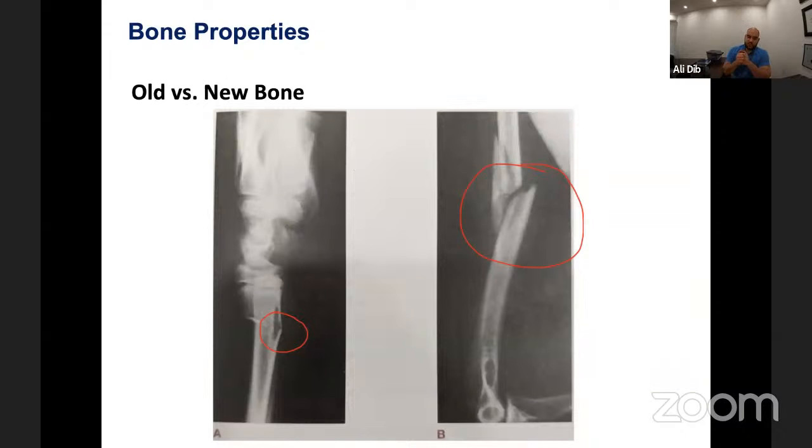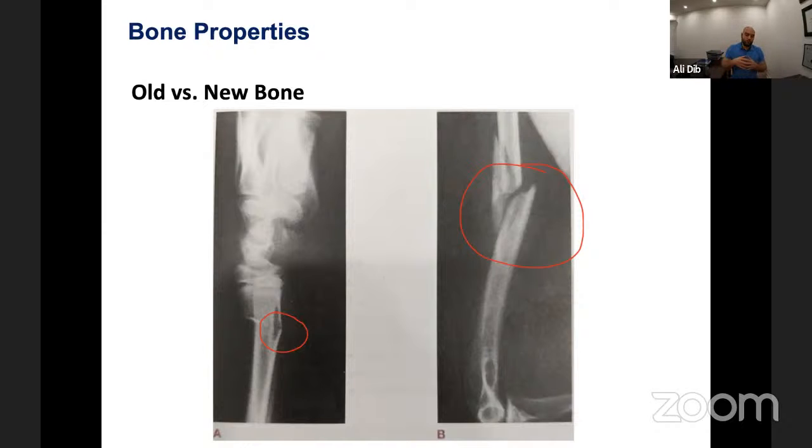Another main difference between old and new bone is that newer bone is a little bit easier to fix than older bone. When you have a fracture and the two ends are meeting, because collagen is required to help the two ends of the fracture heal, and because the younger bone has a lot more of it, it will be a little bit easier for the newer bone to heal.